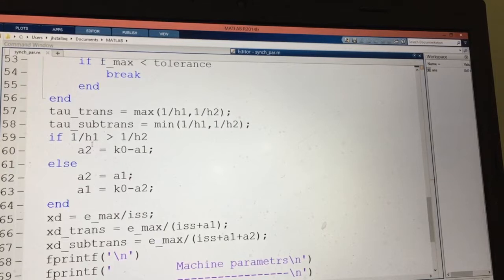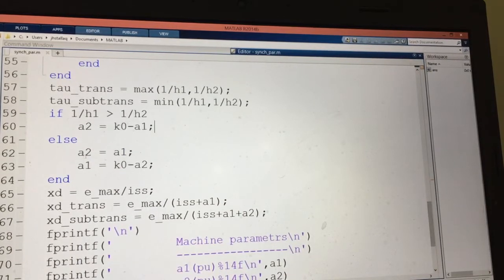So if 1 over h1 is greater than 1 over h2, which means that this time constant is greater than the other time constant, it means a1 we have calculated is correct, and a2 is k0 minus a1. Otherwise, we replace a2 with a1, and then we calculate a1.